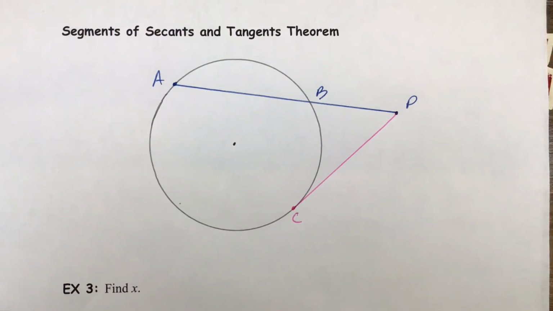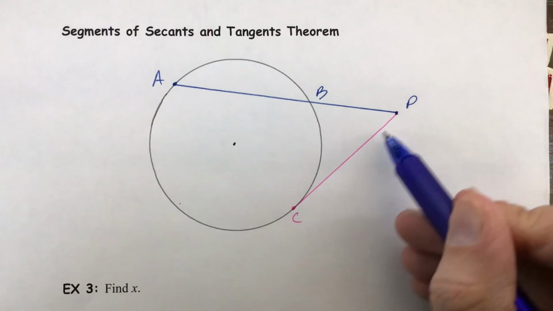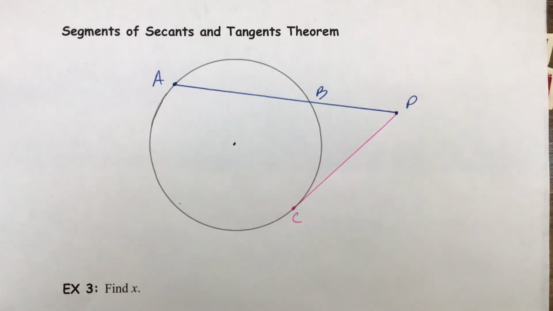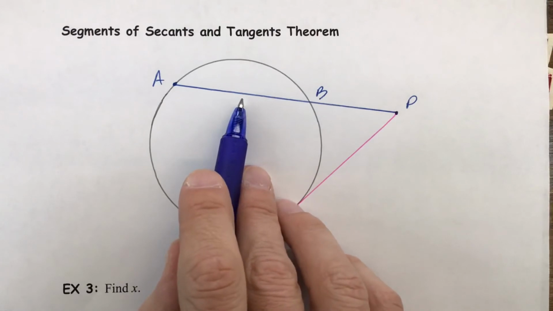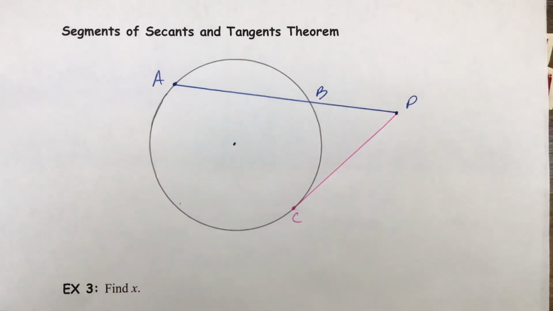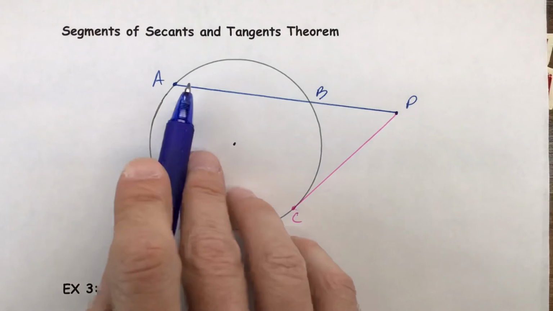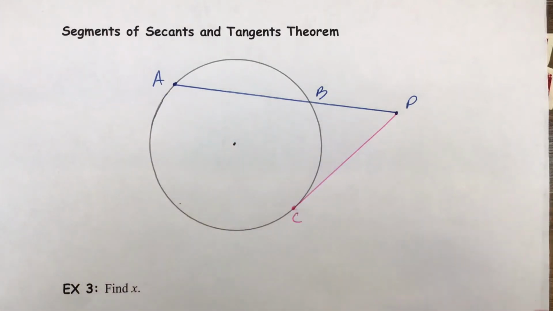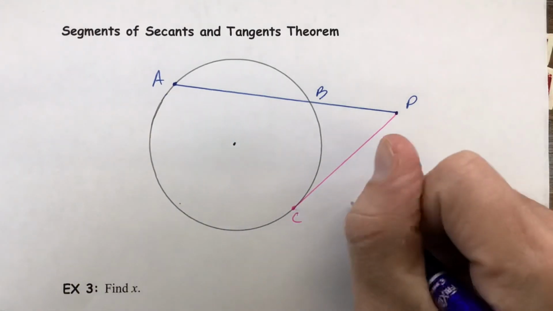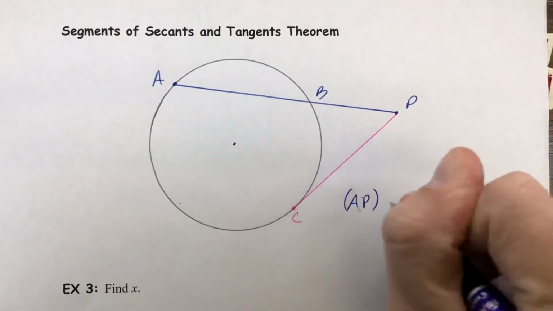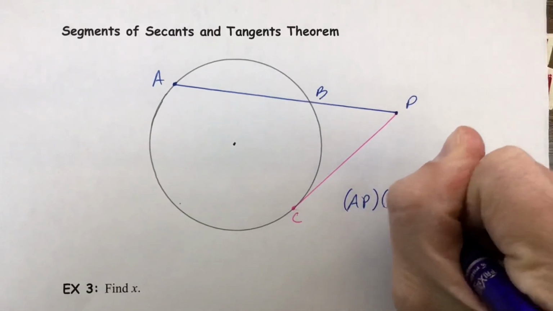All right, so a difference that we do have here is that this doesn't actually have two parts to it. The secant segment does have two parts, and if you relate that one to the last theorem, what we would start with would be the whole length multiplied by the outside part. Okay, AP is going to get multiplied by BP.